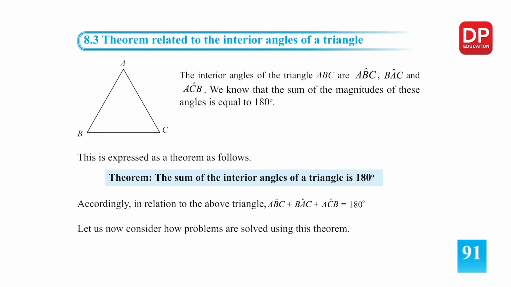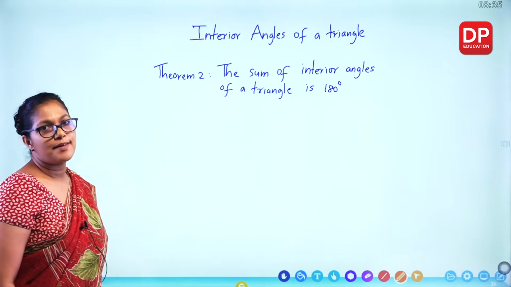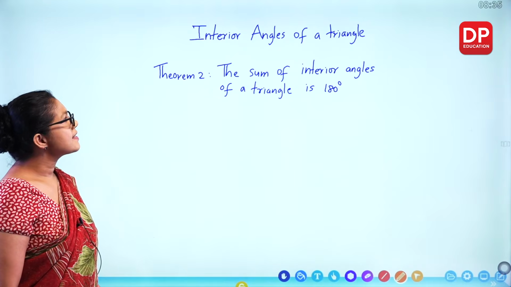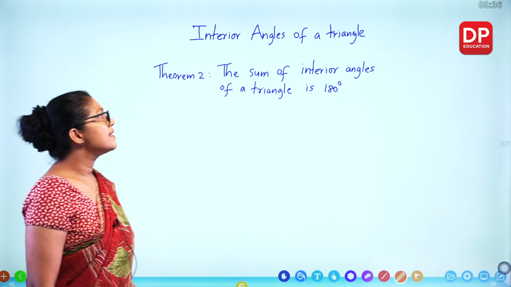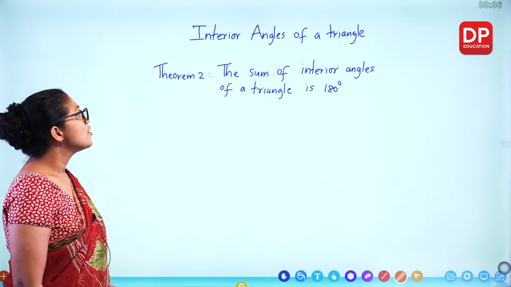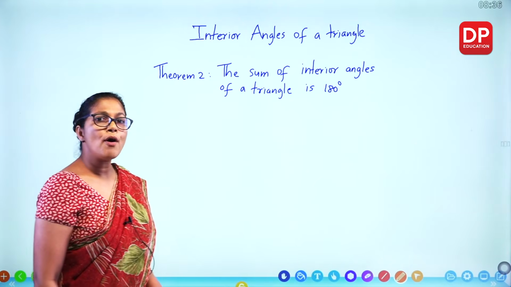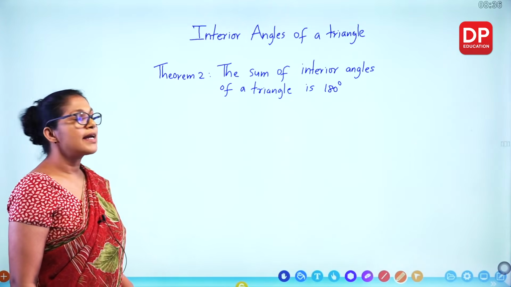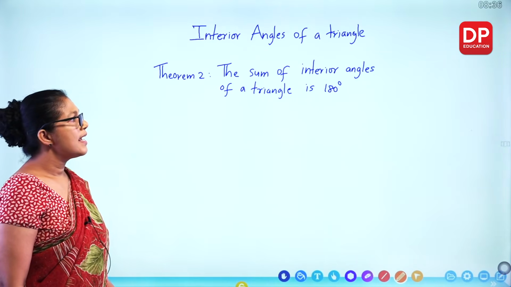Now we'll look at the second theorem in your textbook. That's about interior angles of a triangle. So what does theorem number 2 say? The sum of interior angles of a triangle is 180.